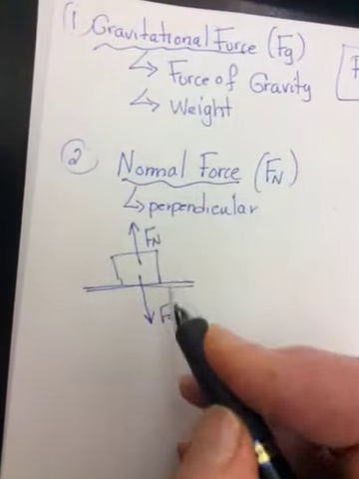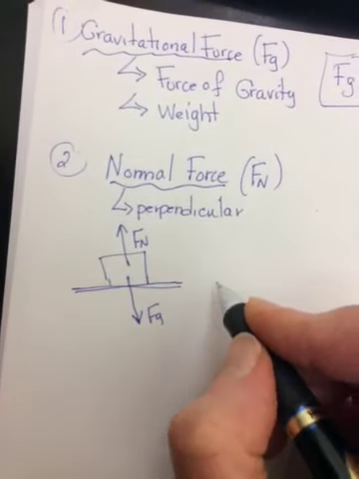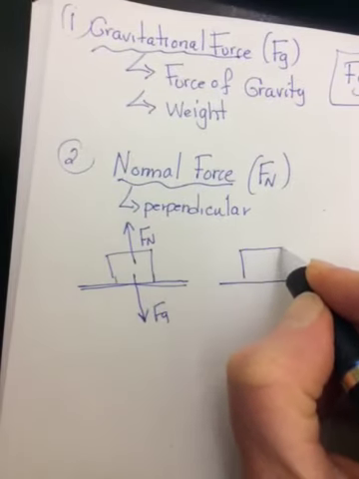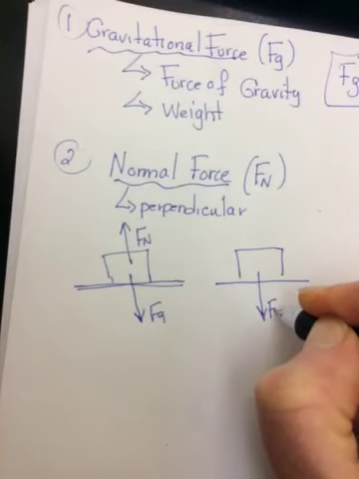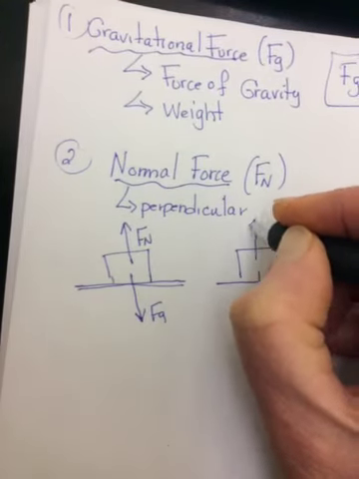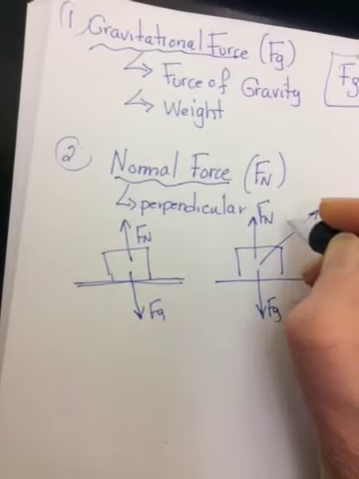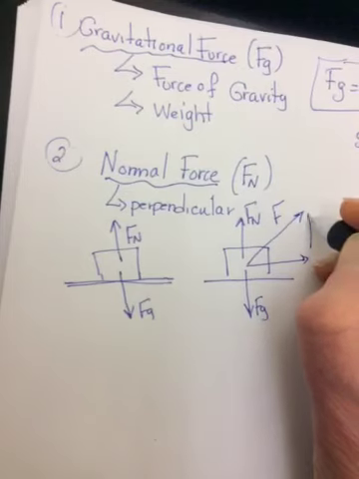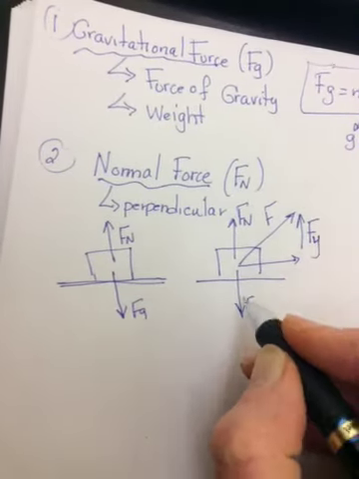In some cases then, Fn will equal Fg, but not always, because sometimes it's a toboggan that you're pulling. So Fg will act down, Fn will act up, but sometimes there's another force pulling up. And so there's a component of that force acting upward that's taking some of the weight off the ground.